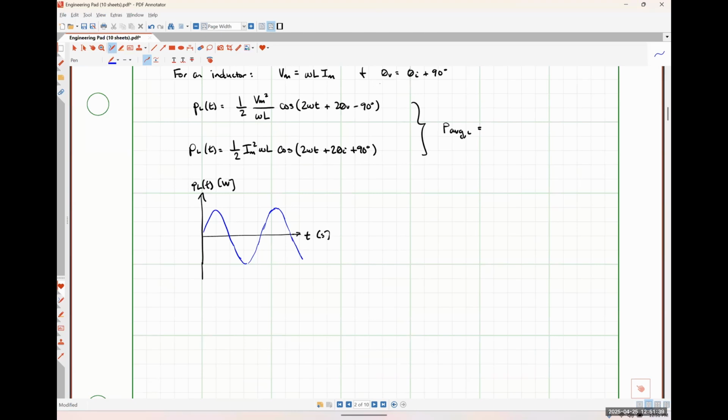We'll find out here in a moment or two that the capacitors are going to do the exact same thing. So our energy storage elements are always taking in energy and then sending them straight back towards our source. When we talk about complex power and stuff like that next Monday, we'll see how that impacts quantities like power factor and things like that.